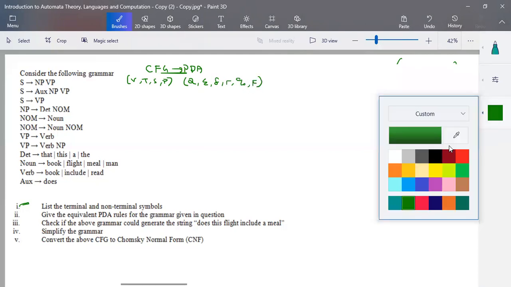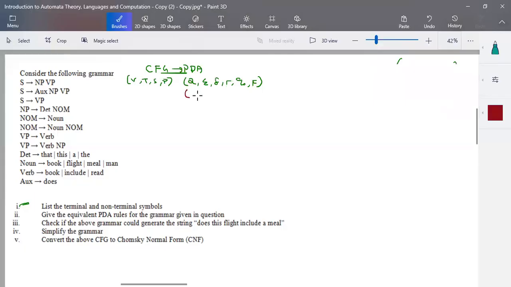For our example, for this usual rule of CFG to PDA construction, we will have only one state, that is Q, and your input symbols are nothing but the terminal symbols. All these terminal symbols will be your input. We have to define the transition function. And for the stack alphabet, we can push all the terminal symbols and all the variables along with Z naught into the stack.